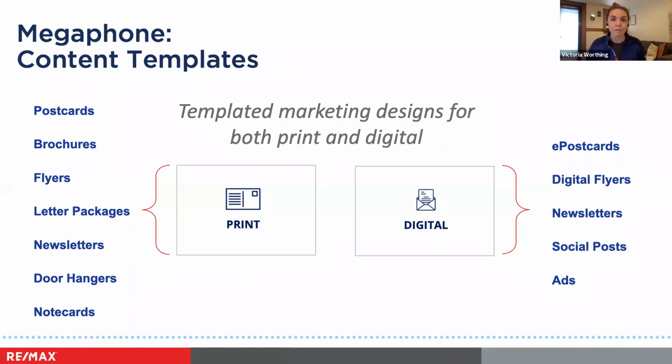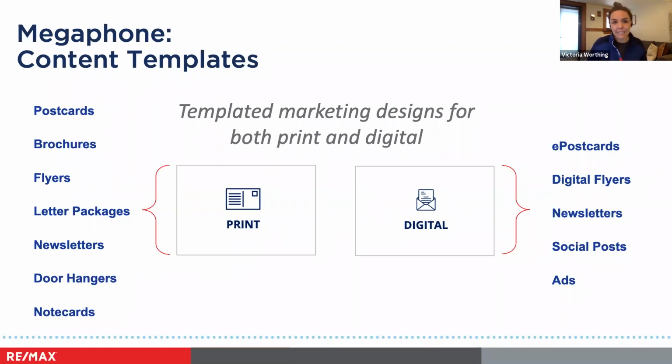On the digital side, you'll find things like e-postcards, digital flyers, social posts that you can create and share on social media. So lots of both digital and print content, and you can kind of mix and match the two as well. You could always create a print material and then use that digital file to post it on social media or to share via email. Just depends on the templates that you find the most useful, the ones that you tend to prefer.